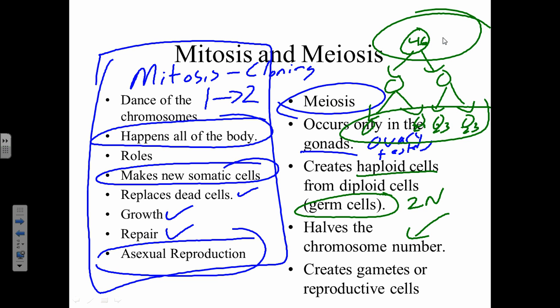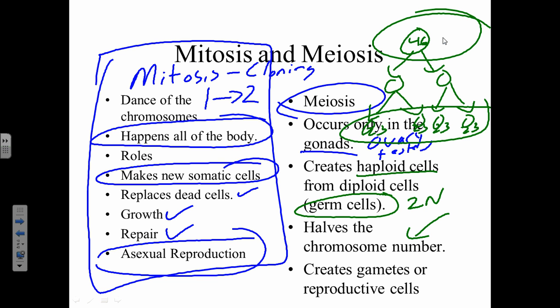Now you might be thinking the math doesn't add up. But what happened to the chromosomes in that cell we started with before all this started? It copied. So really, that cell up at the top didn't start with 46. It started with what? 92. Okay.